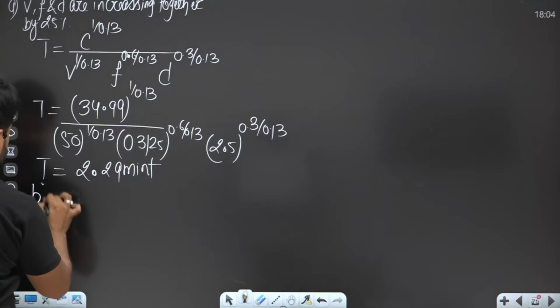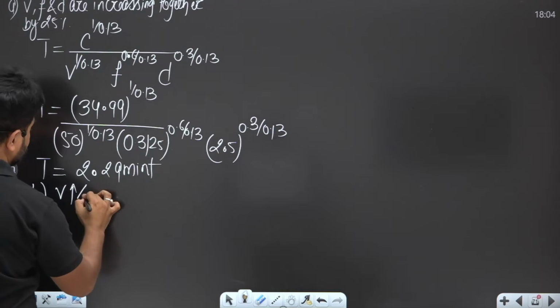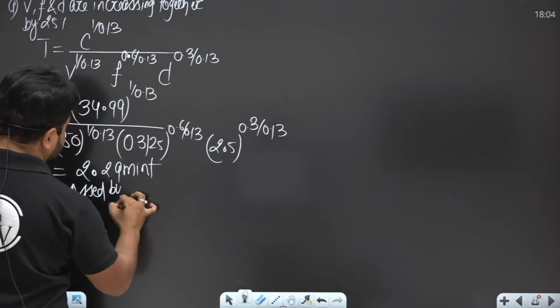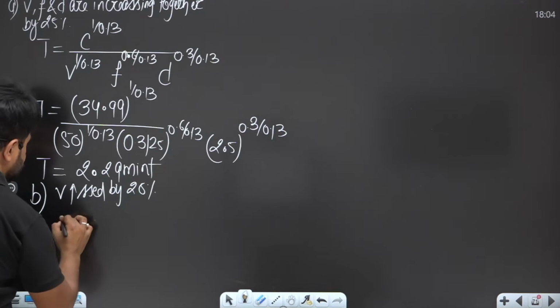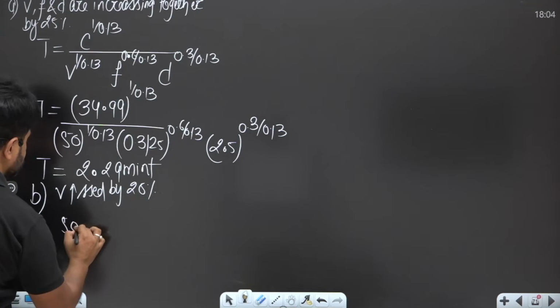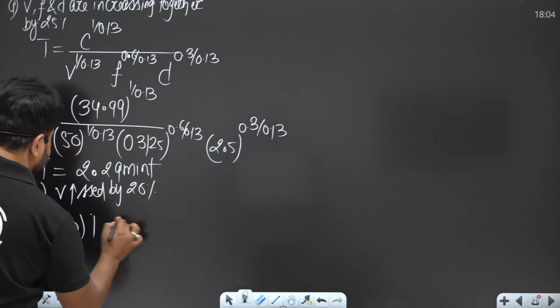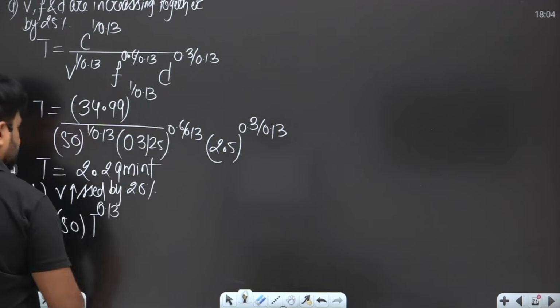Now part B: suppose that individually, if velocity is increased by 25%, it means 50 to the power n, that is 0.13.